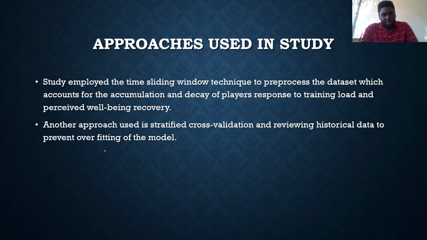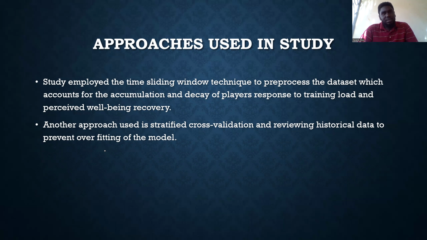For the approaches used in this study, mainly two were used. The study employed the time sliding window technique to pre-process the data set. This accounts for the accumulation and decay of players' responses to training load and perceived well-being.